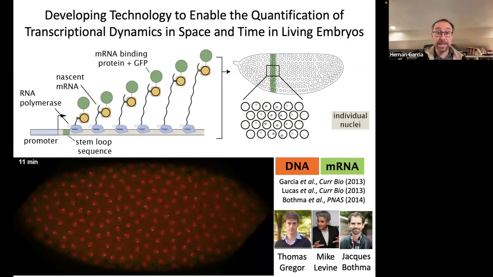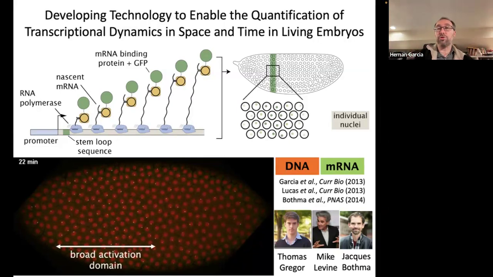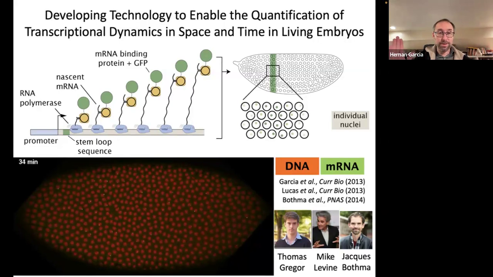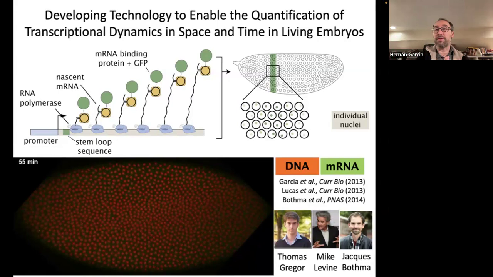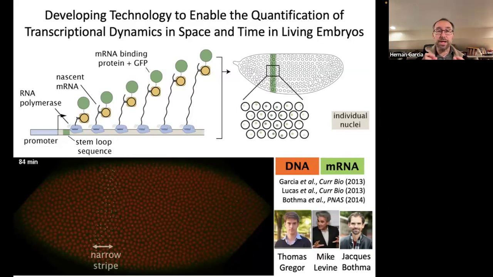In red, you see DNA, and in green, you see the RNA signal. So you see how first we have this wide activation domain that I told you about, and then as development progresses, the green dots are going to be restricted more and more into the little stripe that I told you about. Okay? So this is the first time anybody could see transcriptional dynamics in single cells of a multicellular organism.